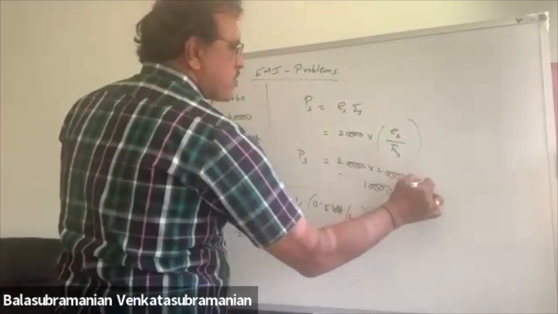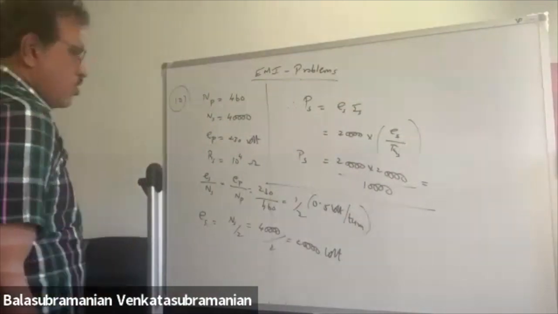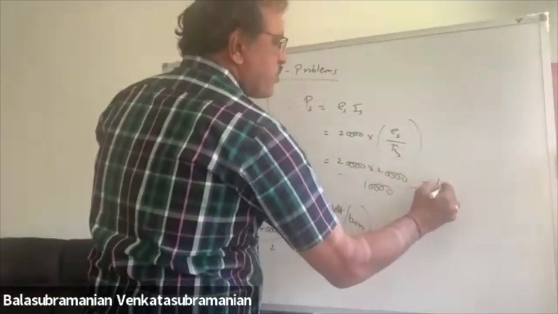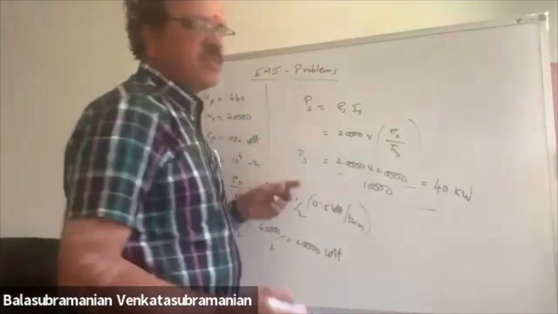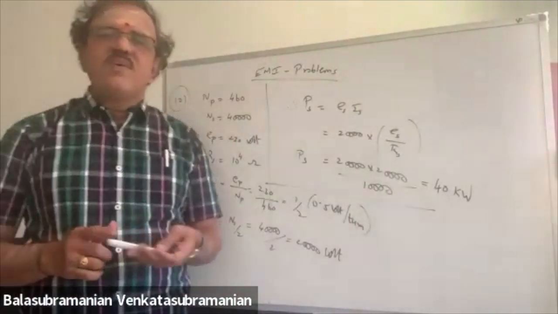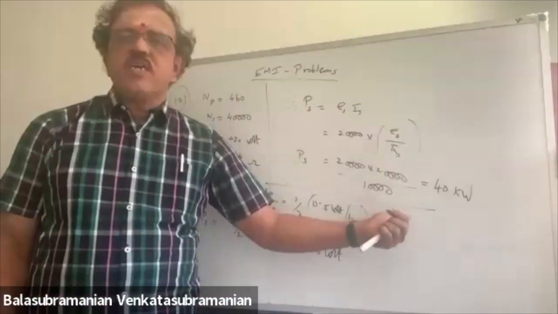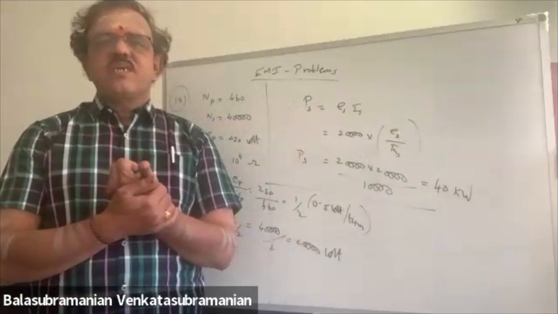This is 2 times. So you will get 40,000, that is 40 kilowatts. Power delivered to the load is 40 kilowatts. Excellent problem, this is.